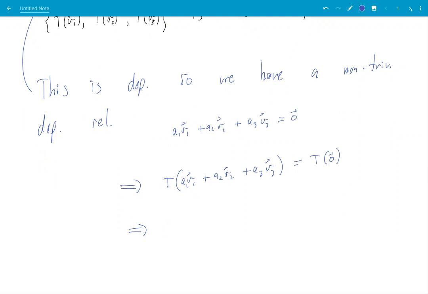So on the left-hand side, I know that T is linear, right? So I can do two things, which I'll do in one step. I can distribute across this sum, and the coefficients can move out.